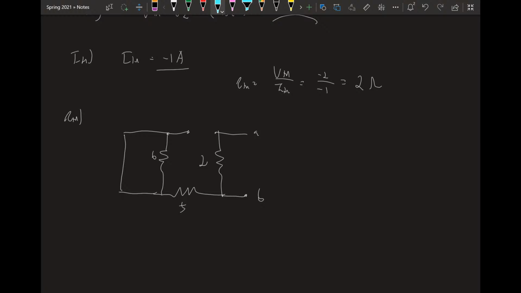I test goes here, it goes here, it can't go here, so it goes here. It's pretty simple to see that V test over I test is going to have to equal 2. So it's the same thing as we got earlier. So that's the Thevenin equivalent.